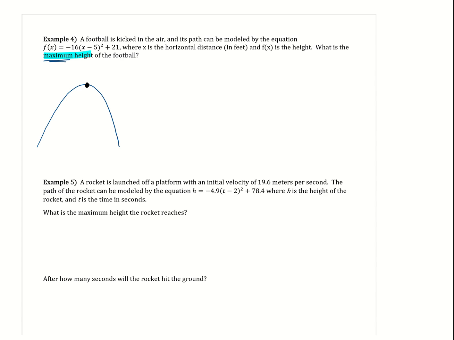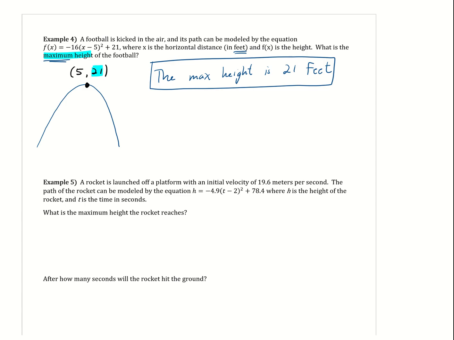The transformations are going to tell you that the coordinate is right 5, up 21. So 5, 21. This value right here is our maximum, okay? So the max height is 21 feet. And I know it's feet because the problem told us the units were in feet. So the maximum height of the football is 21 feet.